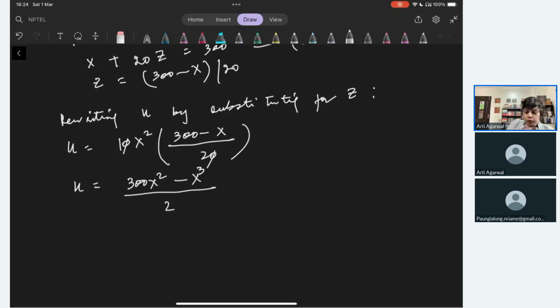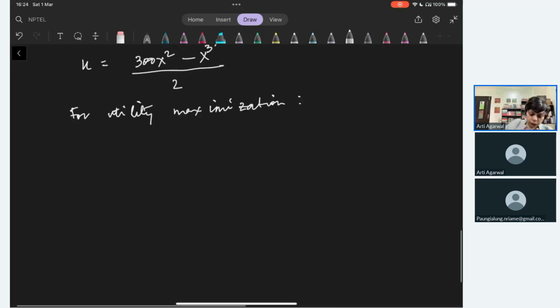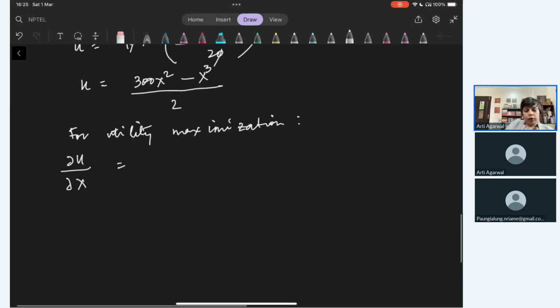Now what we want to do is take the partial derivative of u with respect to x. So for utility, we'll take del u by del x, the partial derivative with respect to x.